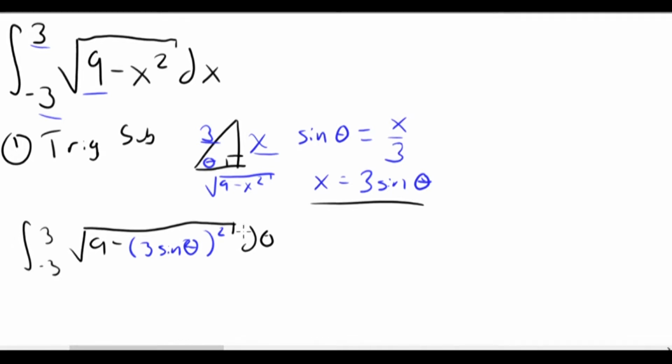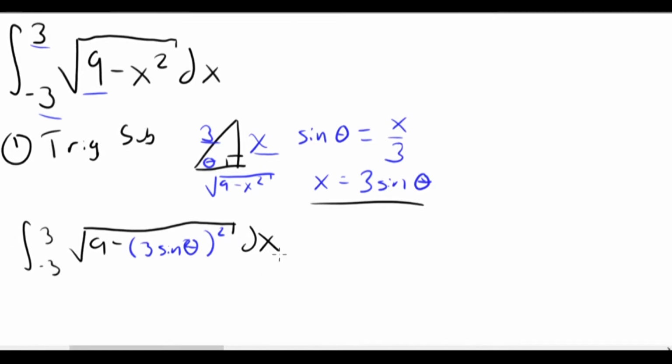We're integrating with respect to x, that is an x. And as has been pointed out, that's something we're going to have to address: you can't integrate theta with respect to x and hope to get anything useful out of this.